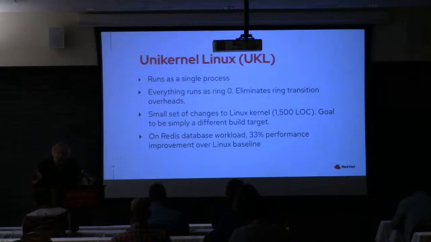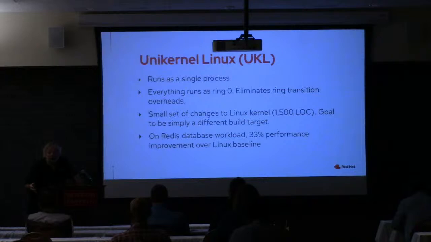So run as a single process, run everything at ring 0. Normally Linux is ring 0 for kernel, ring 3 for user processes. But run everything at ring 0, then you don't have to do those ring transitions.